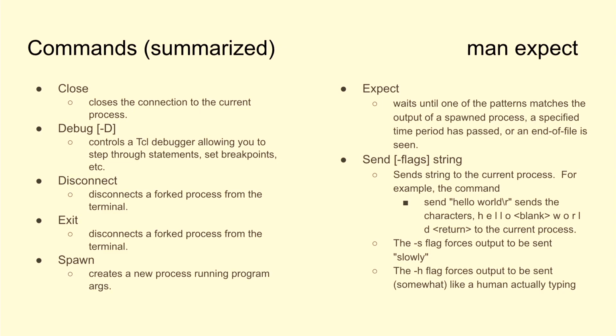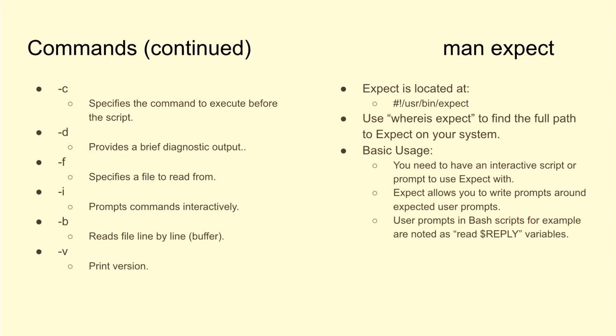You can send the -s flag, which will send the output of that string in a slow manner, and the -h flag will force the output of the string that you use to be typed in a somewhat human fashion, meaning you can actually program the speed at which each letter in the word comes out, so it looks like a human is actually typing in the shell, which is actually pretty interesting. All right, continuing on.